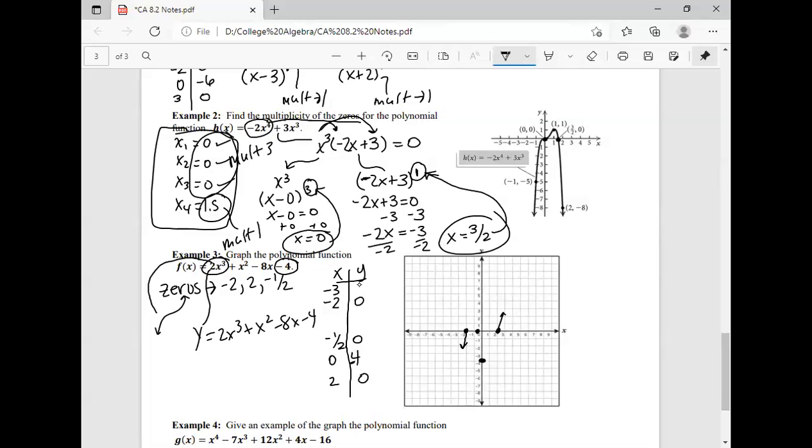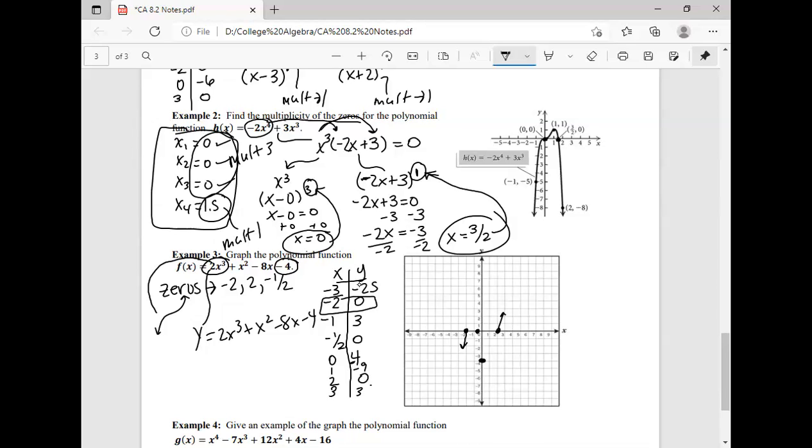So I went -3, which gave me -25. I already had my x-intercept here. I picked -1, 3. I also found a point at 1, -9.